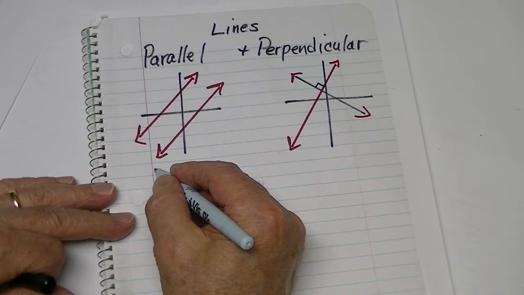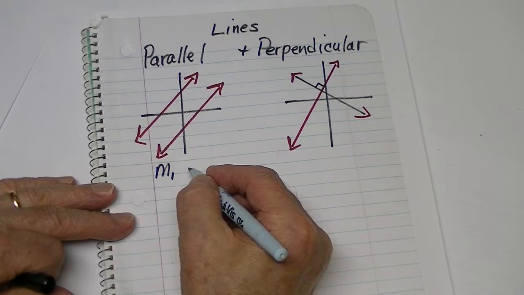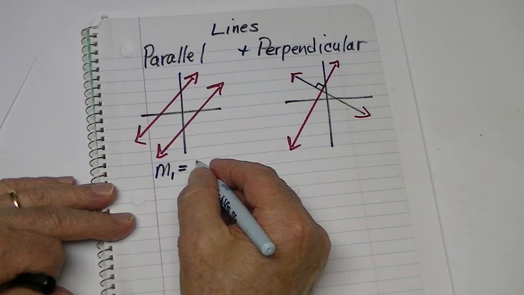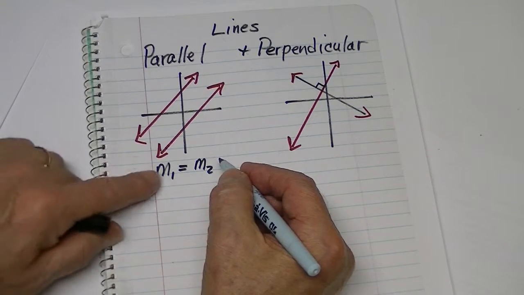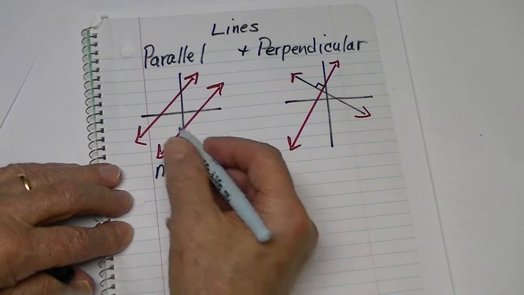So if the slope of one graph is equal to the slope of another graph, what is different here?